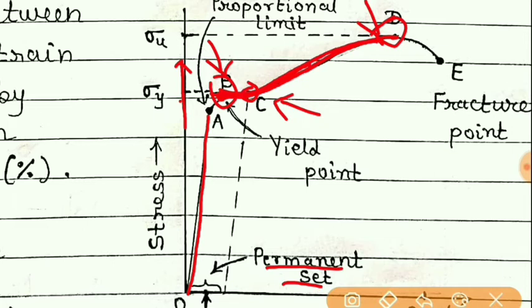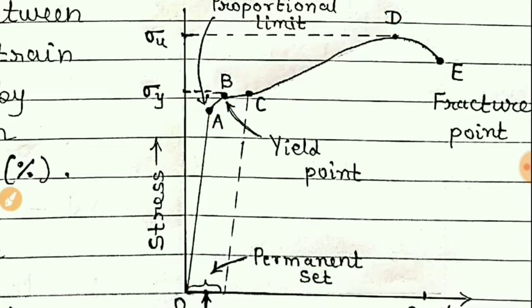Definitely it will try to regain its original length, but still you will find that some length which was increased remains. So at any point between B and D, if you reverse the process and unload the pan and measure the length of the wire, you will find that there is some increase in the length which is permanent, and that is called a permanent set.